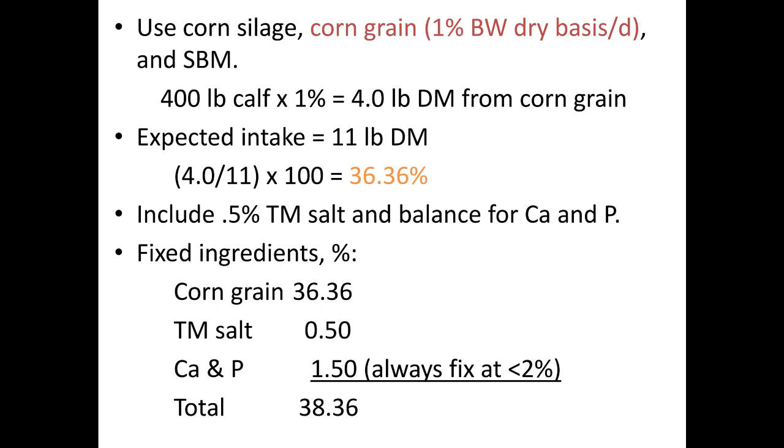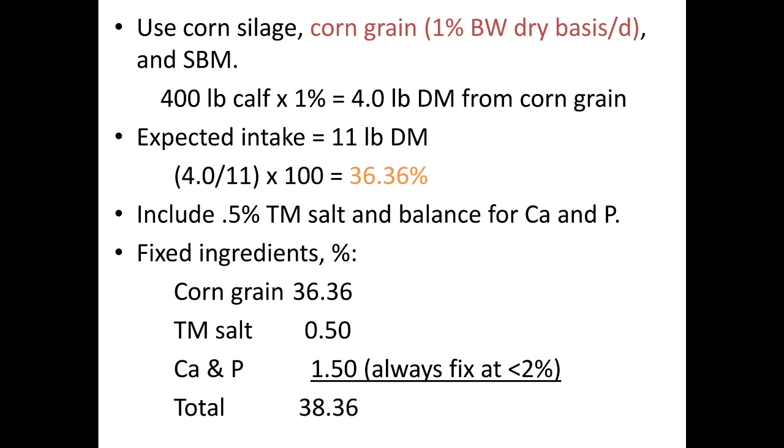Does that make sense? So what I always do, with that in mind, since it's kind of gray there and we don't know how much of it we'll need, is give it a couple of percent. I always fix the calcium and phosphorus at less than 2%. So I'm giving the sources of calcium and phosphorus 1.5% space in the diet.